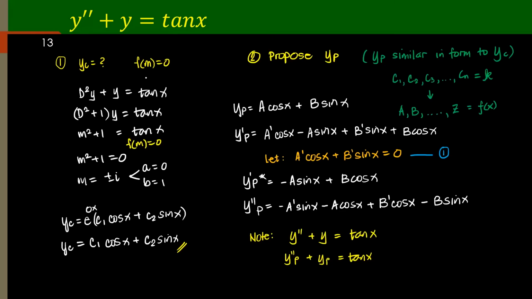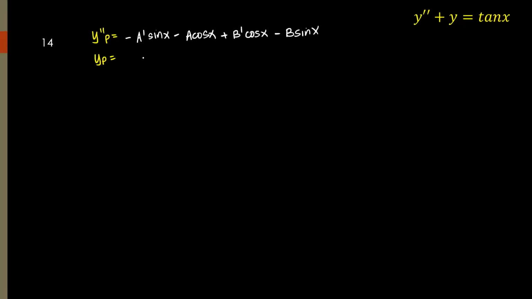The yp is there, the one on top. A cosine of x plus B sine of x. And then as I said earlier, note that y double prime plus y is equal to tangent of x.